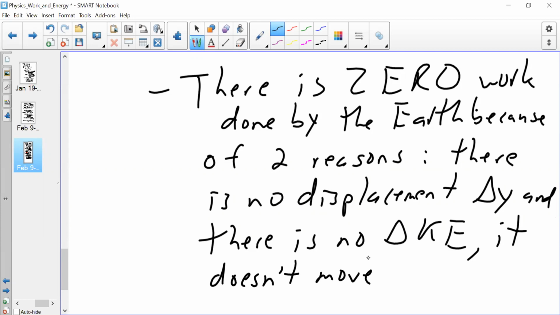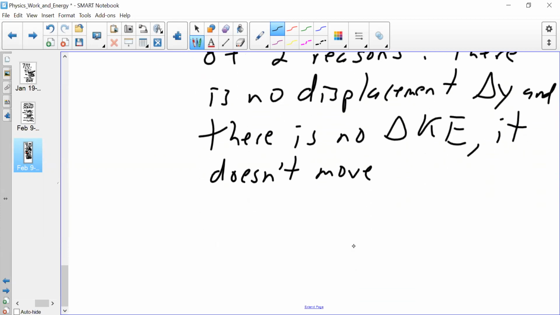So what can we say here? We have force due to gravity. We have a vertical displacement. We have a height. So why is there no work done? Since there is no work done, is there something else that we can say?